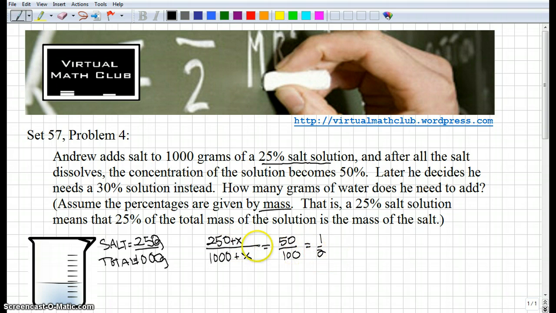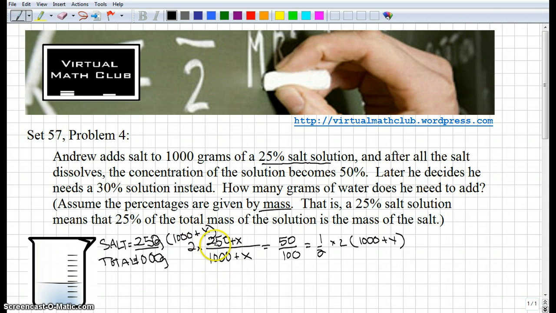Essentially, we're multiplying both sides by 2, which gets rid of the denominator, and then we multiply both sides by 1,000 plus x.